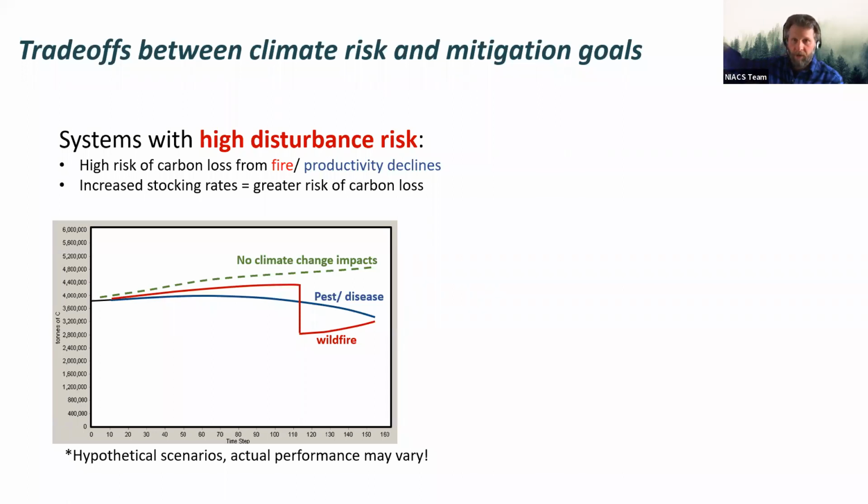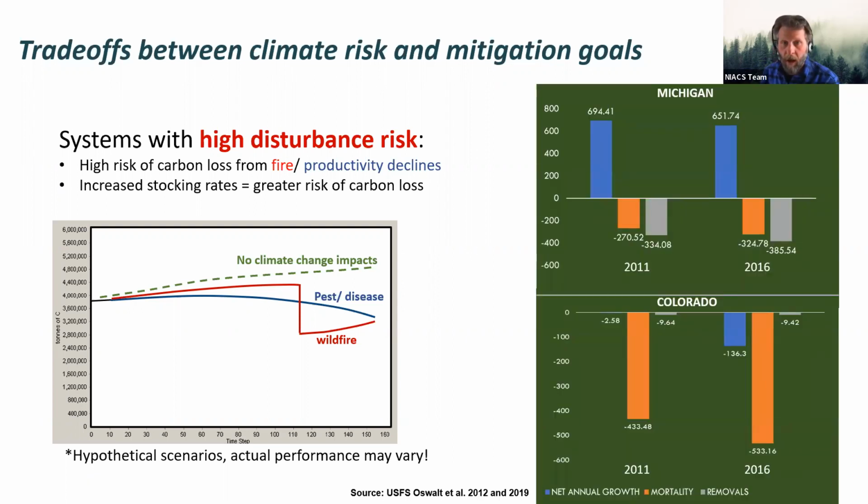with no climate change impacts, you might expect to see that system increasing in carbon, but with that risk of disturbance, you might anticipate that doing nothing would actually result in a decrease in carbon. And we are actually seeing this in some parts of the country. This is some data that were compiled by our colleague, Dave Cleaves, who used to be with the Forest Service, and he was looking at FIA data, and this is a tale of two states here.